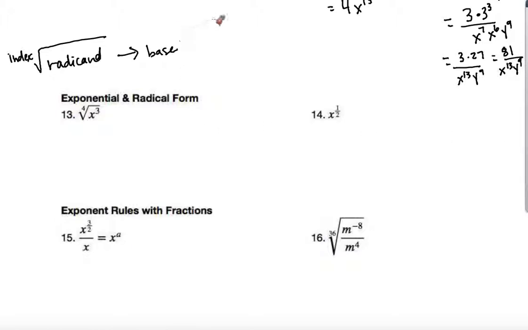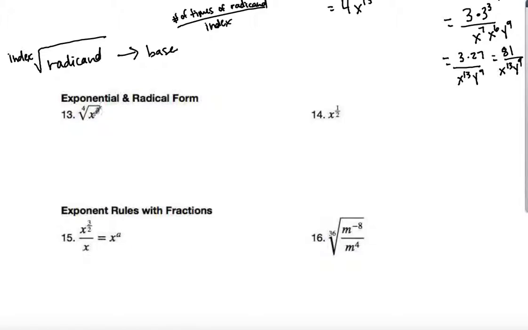So my fraction is going to come from the number of times you have the radicand over the index. So for example, in this one, my index is 4. My radicand is x to the third.